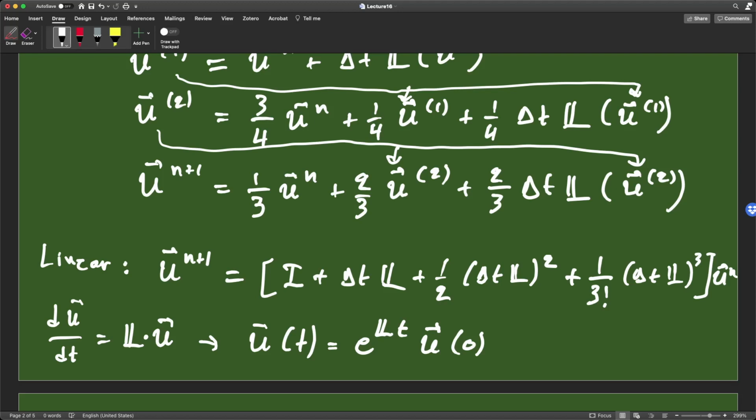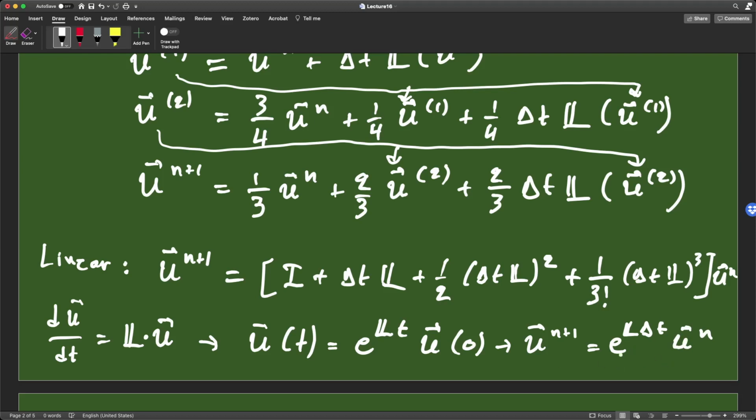Now we can see that if we consider, for example, U at time n+1, that's e to the L delta t times Un. Now this is an exact result.